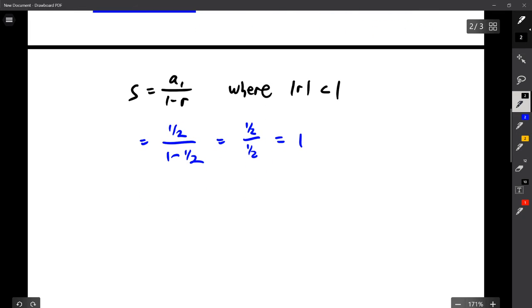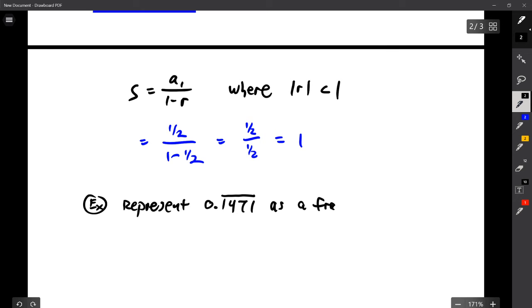All right, let's do another one. Let's represent 0.1471 repeating as a fraction.